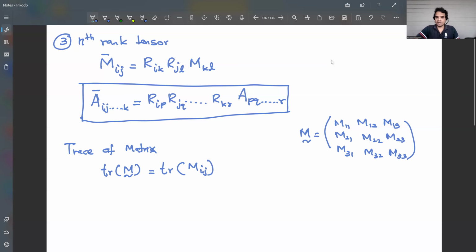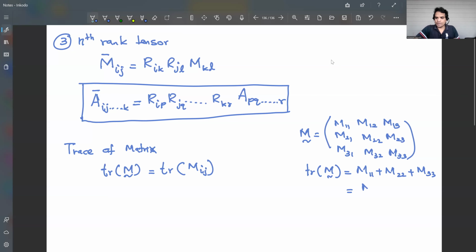What we define as the trace of a matrix is actually the summation of the diagonal, that means M11, M22, M33.